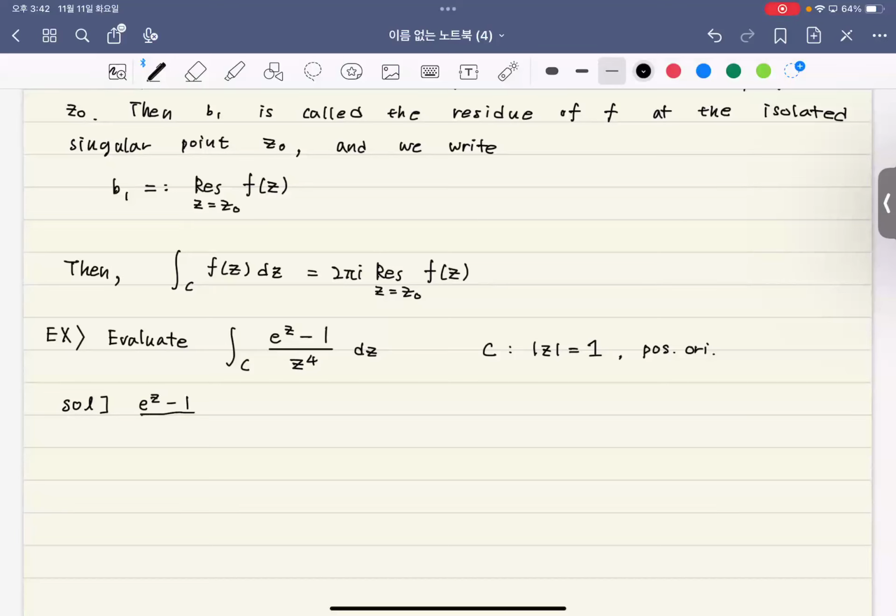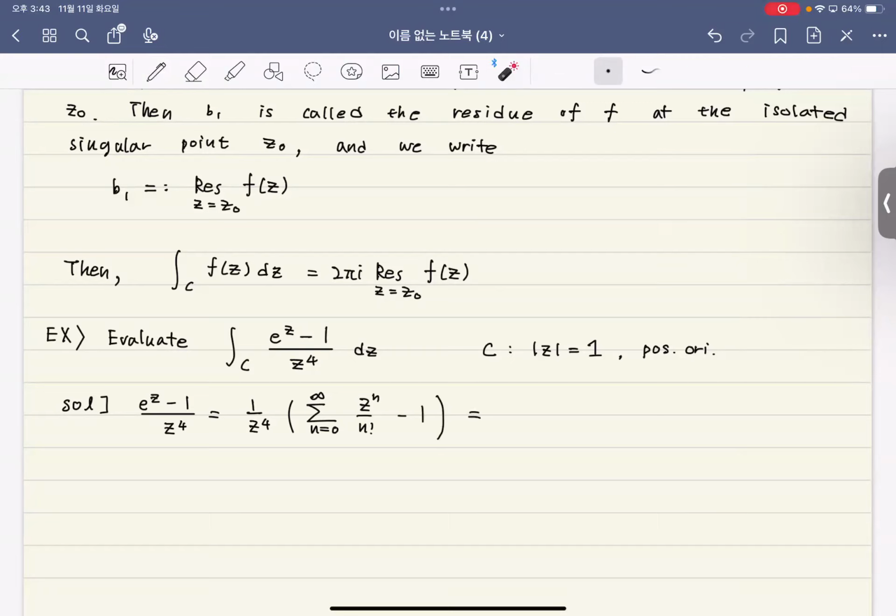Now, to find the residue, we need to first find the Laurent expansion of this. We have 1 over z to the fourth, times the sum from n equals 0 to infinity, which is the power series of the exponential function, subtracted by 1.